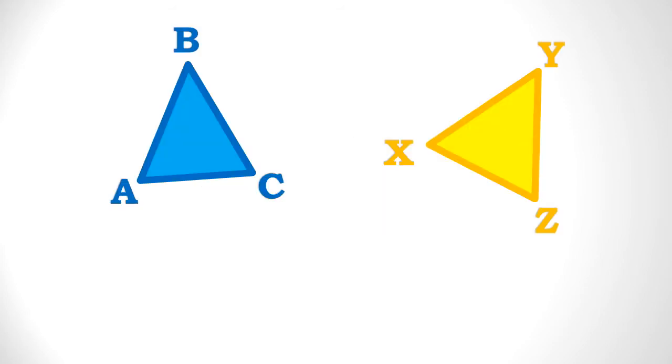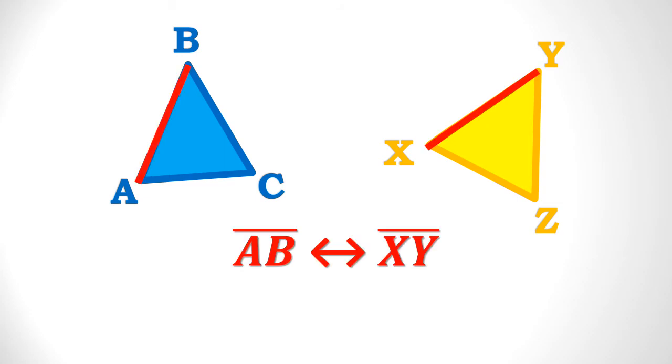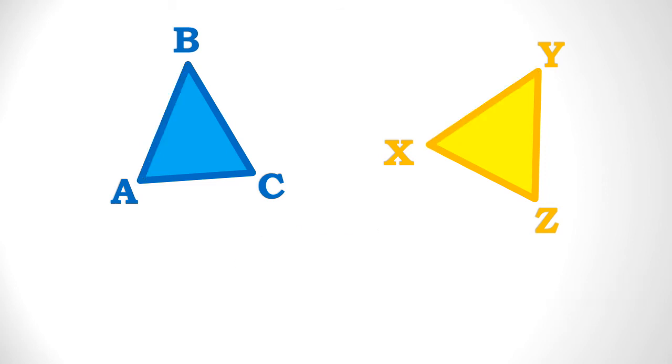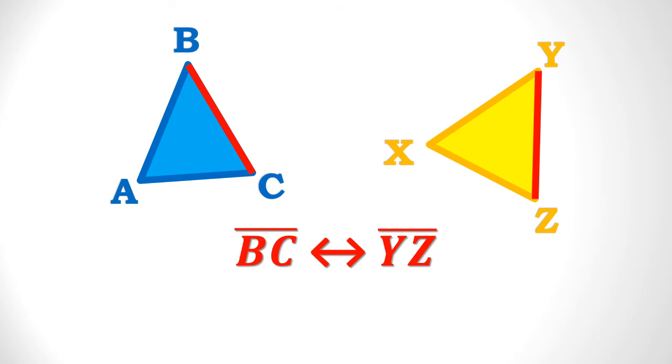This time, let's have the correspondences that exist between the sides of two congruent triangles. Let's start with side AB and side XY. This is read as segment AB corresponds to segment XY. Next is side BC and side YZ.